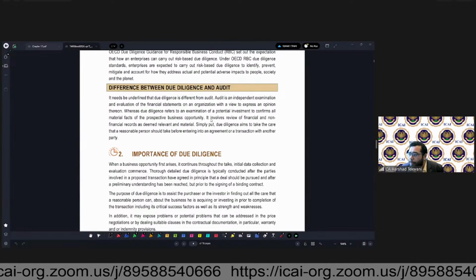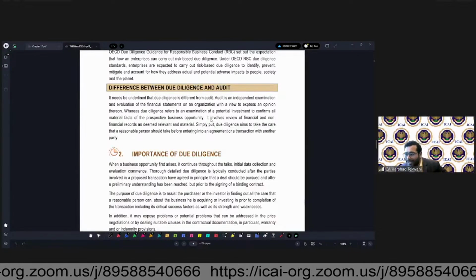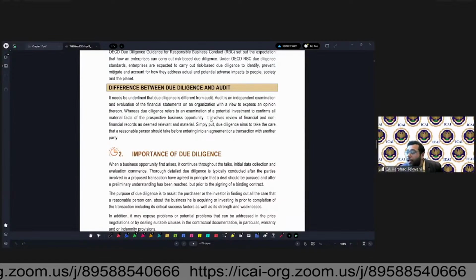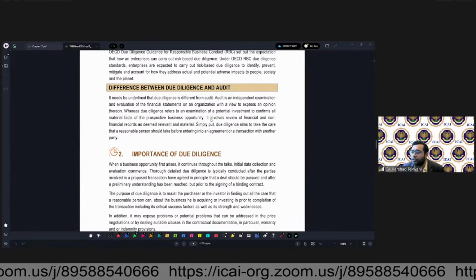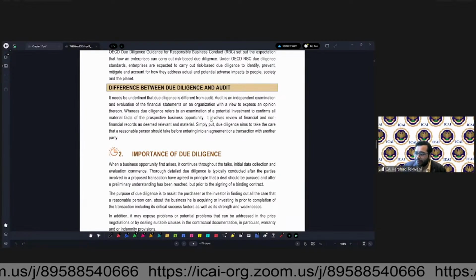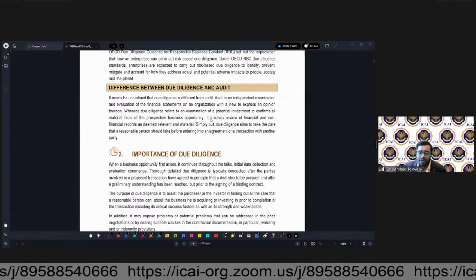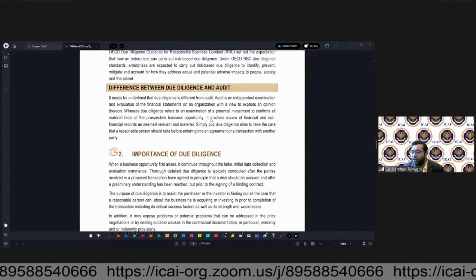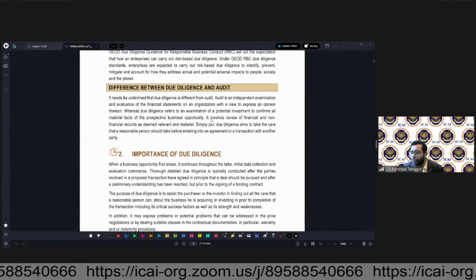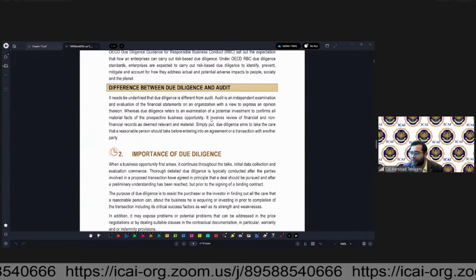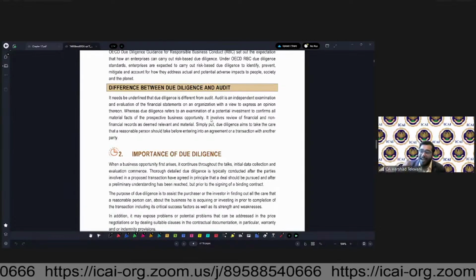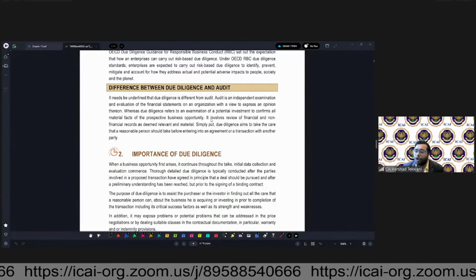Now the scope between audit and due diligence. When I talk about audit, the scope is primarily focused on the general purpose financial statements, notes to accounts, and any explanatory information to those statements. But due diligence has a broader scope.